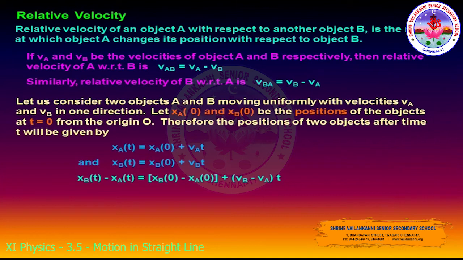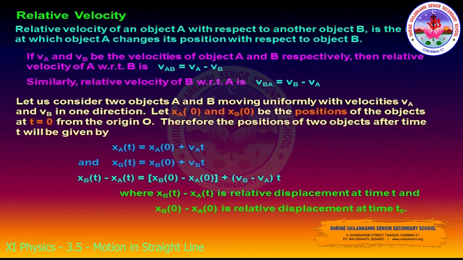Now the displacement: XB of t minus XA of t is equal to XB0 minus XA0, within the bracket, plus VB minus VA into t. So XB of t minus XA of t is the relative displacement at time t, and XB0 minus XA0 is the relative displacement at t equal to 0.